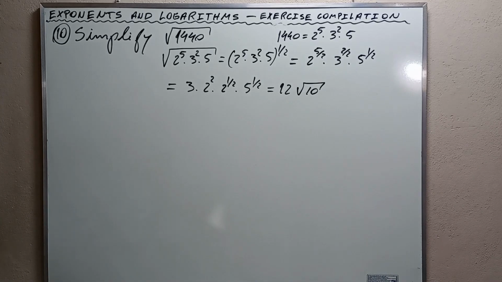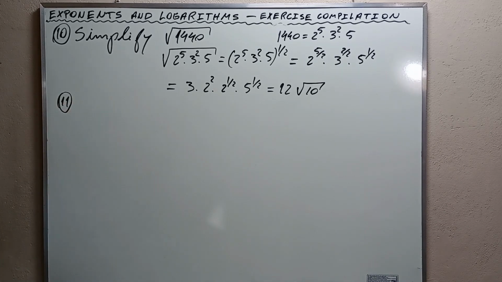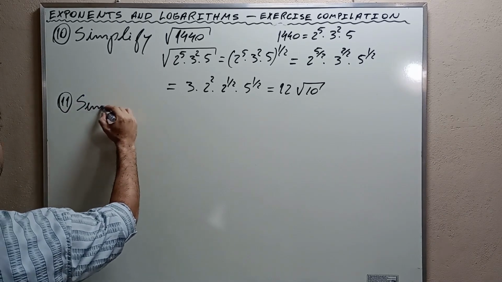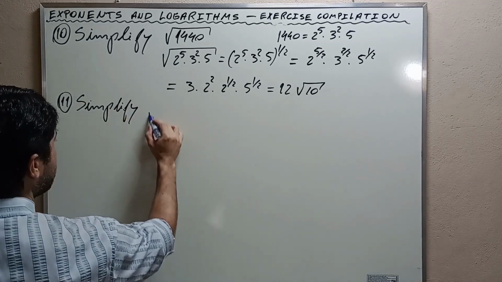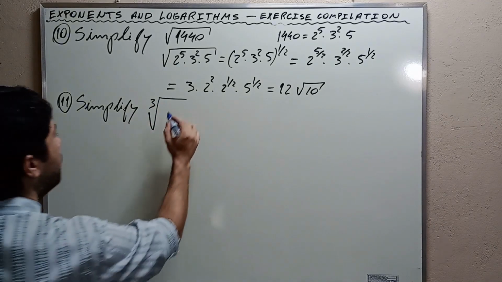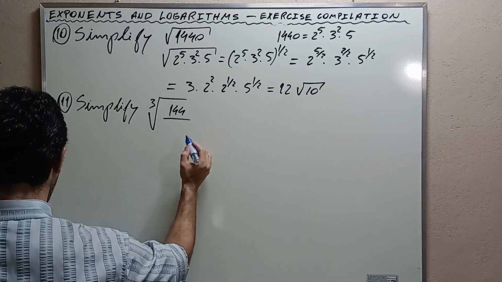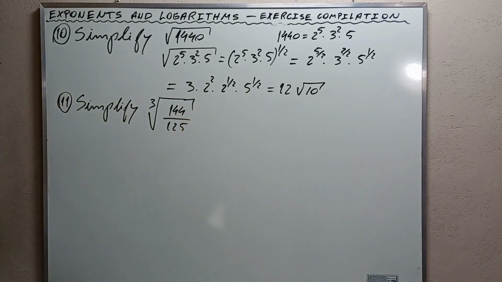Let's go to exercise 11 now. Exercise 11. Simplify this. Simplify the cube root of 144 divided by 125. What can we do?